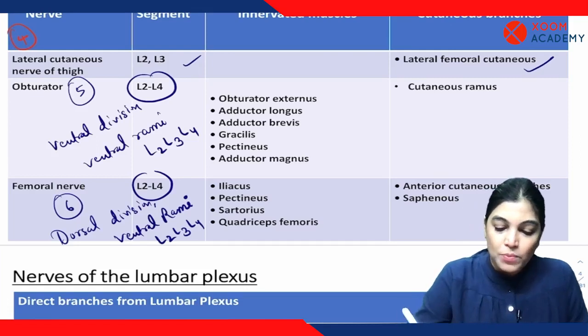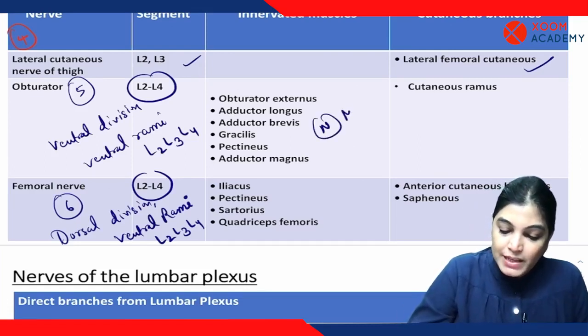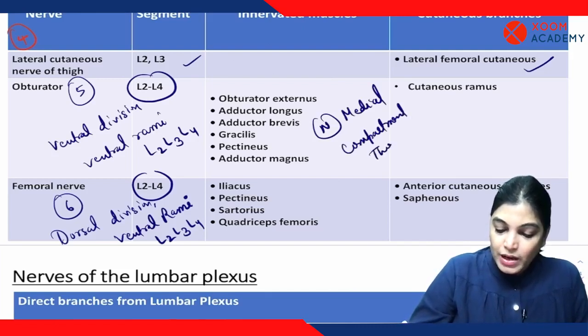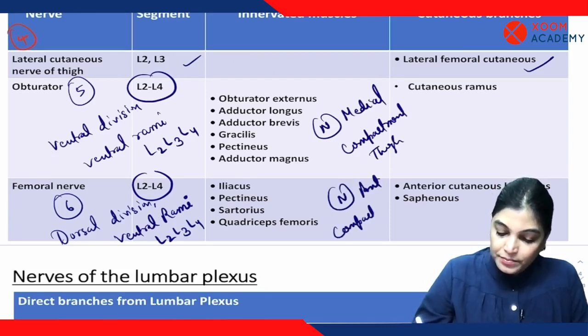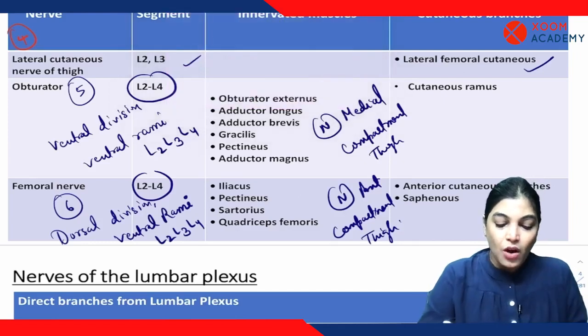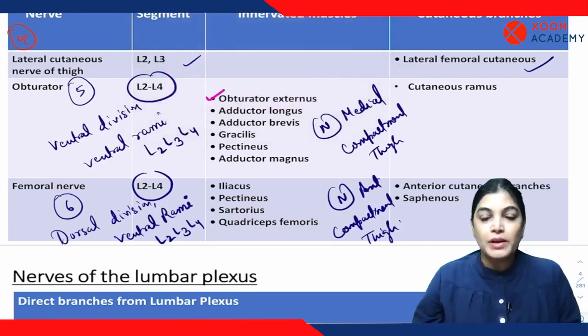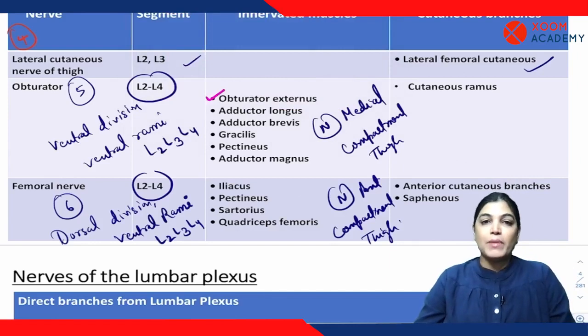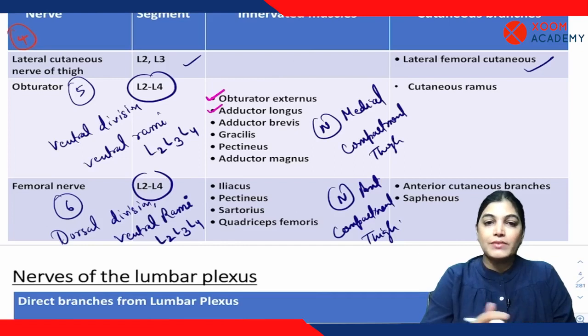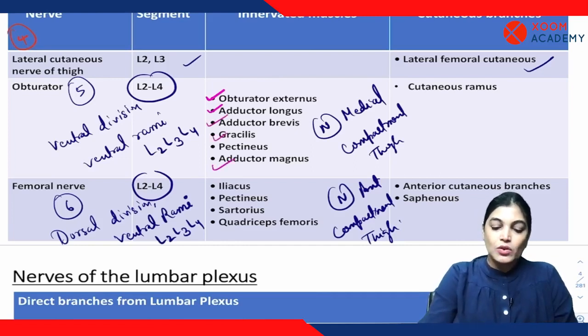Now, the obturator nerve is the nerve of the medial compartment of the thigh. The femoral nerve is the nerve of the anterior compartment of the thigh. The obturator nerve gives innervation to the following muscles residing in the adductor compartment: the obturator externus, adductor longus, adductor brevis, adductor magnus, gracilis and pectineus.